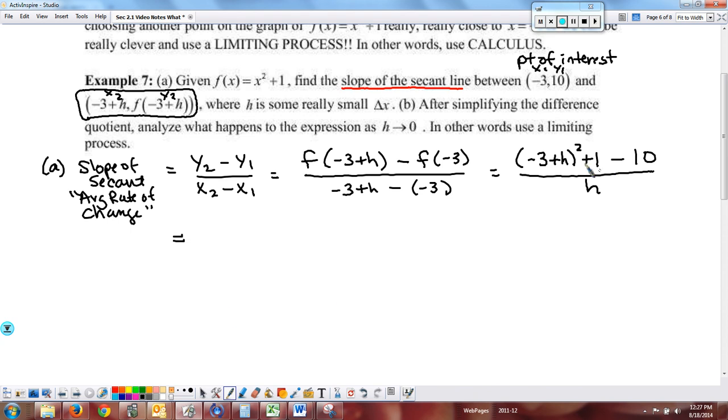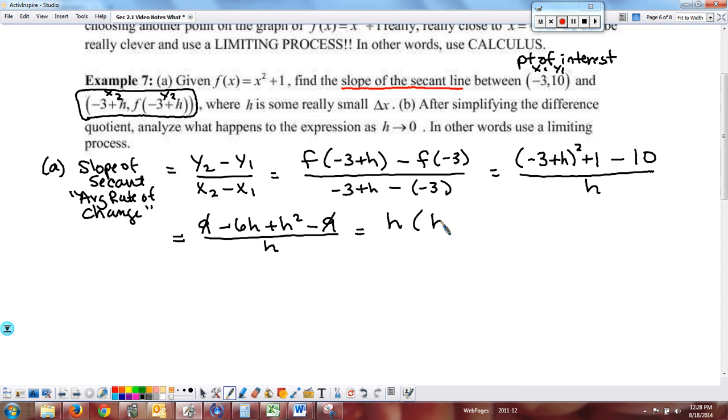We're going to continue with our simplification. We'll go ahead and FOIL this out. You should be able to do this in your head at this point. 9 minus 6h plus h squared, and this is going to be minus 9, collecting like terms, over h. We have some cancellation going on here. The 9s will go away. I'm going to factor out an h, and I'm also going to write the h squared first.